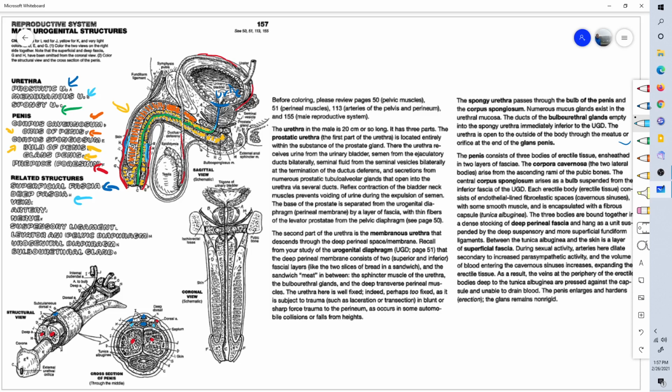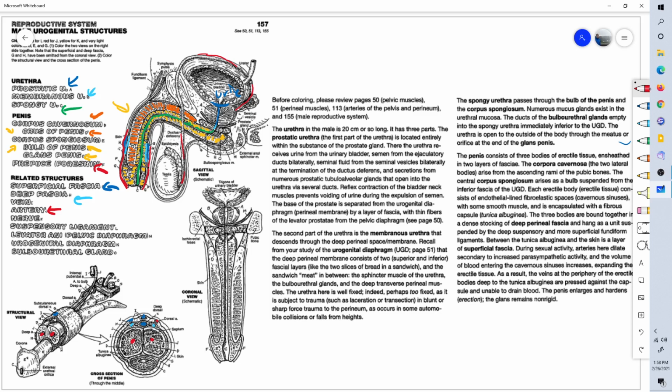Now, something very interesting happens when the penis fills with blood. The penis fills with blood through these arteries, of course.